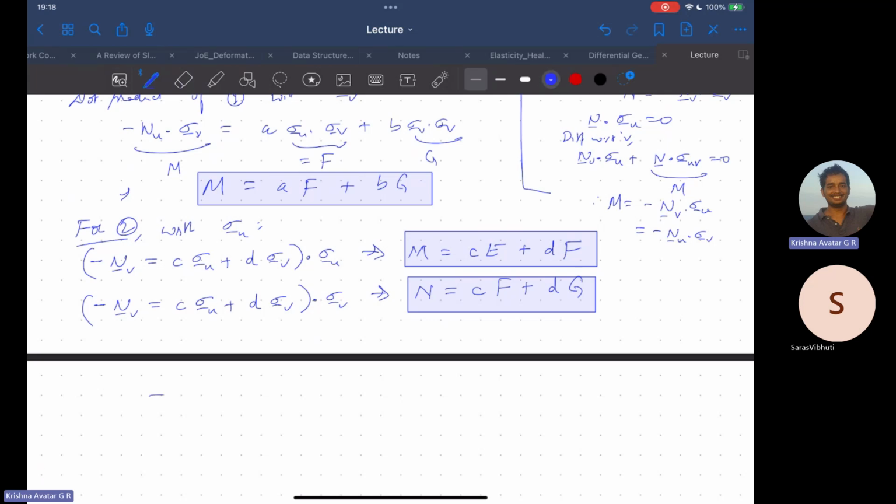After some trial and error of rearranging, we can write it in a nice form like this. We'll have a matrix product equal to a matrix as well. This will be A, B, C, D, it's all about arranging.